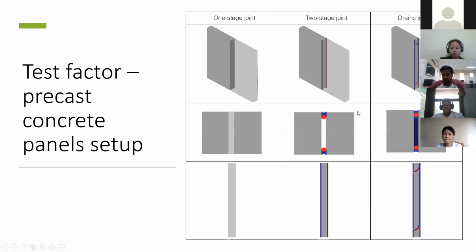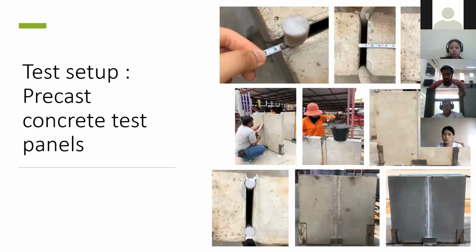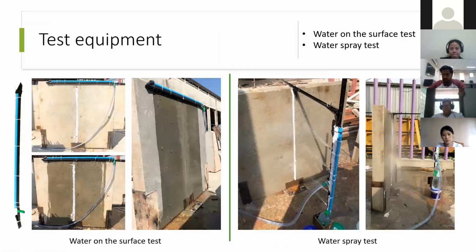The test specimens are cast in this setup. The test setup is tested on 1 by 1 meter concrete panels, and then sealed using the technique shown below. For the test equipment, there are two tests.